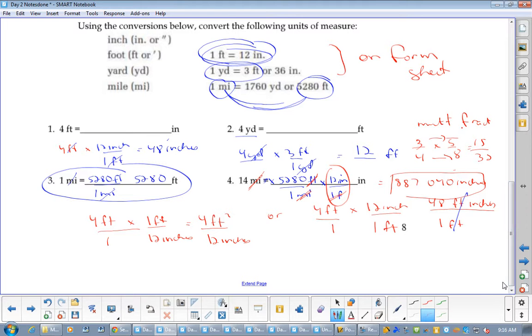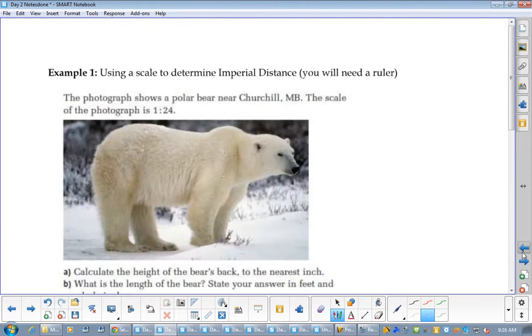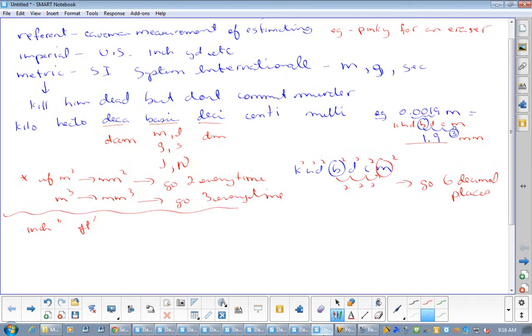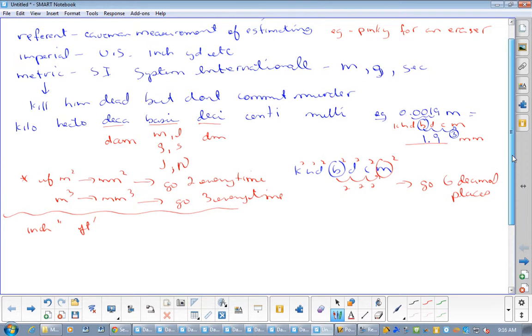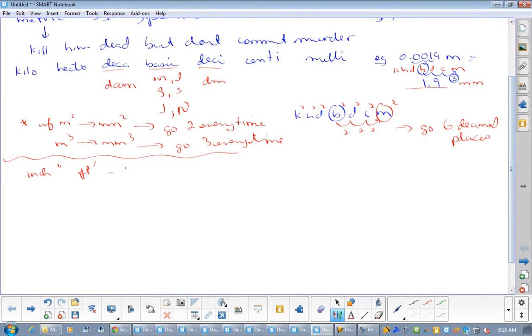Now, the unit analysis. Okay? So, maybe if we did something like number 14 here. 14 miles to inches. So this is for unit analysis. Now, you may even, in 5 months, go, what the heck is unit analysis?